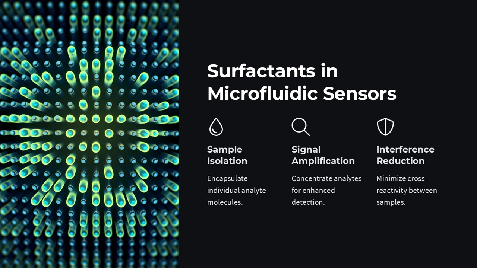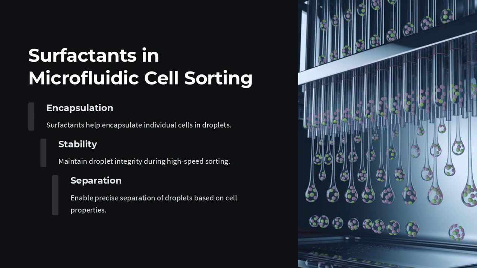Environmental applications also benefit from the precise control of interfacial phenomena via surfactants. In water treatment systems, for instance, microfluidic devices can be used to encapsulate and release reactive agents that break down pollutants. Surfactants help maintain the integrity of these encapsulated droplets, ensuring that the reactive agents are released in a controlled manner only when needed.